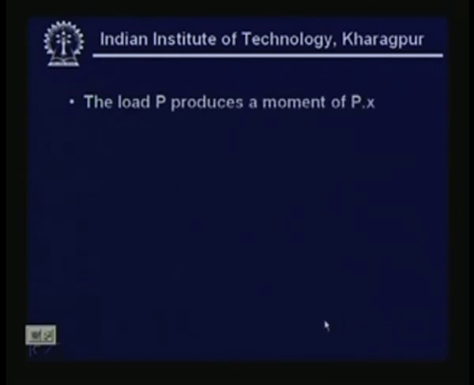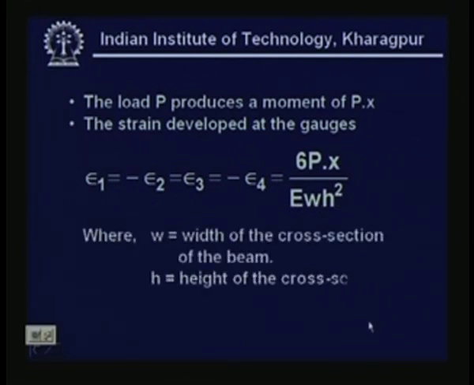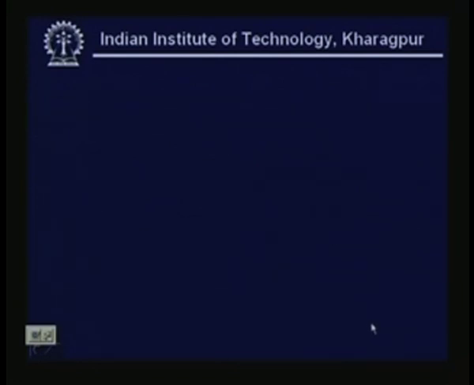The load P produces a moment of P into x. The strain developed at the gauges is given by epsilon 1 equals minus epsilon 2, since one is under elongation and the other under compression. These are the same in magnitude, if the initial value is the same, but opposite in sign, equal to epsilon 3 equals minus epsilon 4, equal to 6Px divided by EWH squared, where W is the width of the cross section of the beam and H is the height of the cross section of the beam.